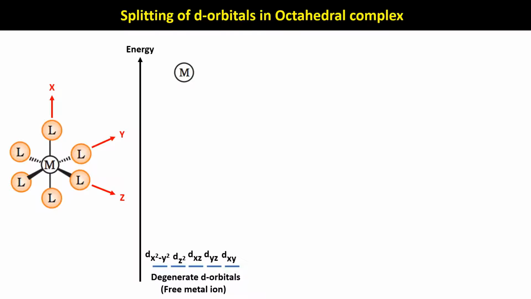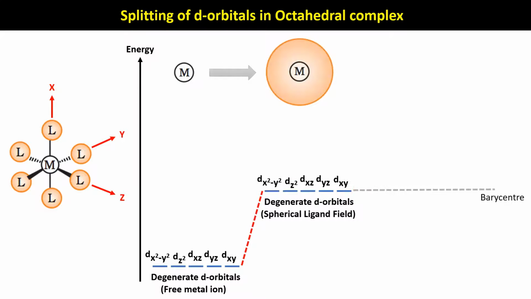If the ligand environment is spherical, which is a hypothetical case, the energy of 5 d orbitals will be raised to the same extent, but they will still remain degenerate.